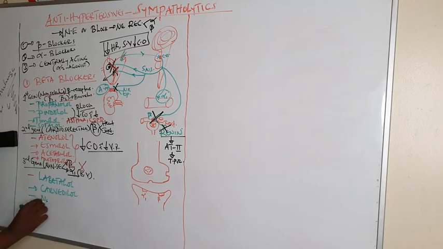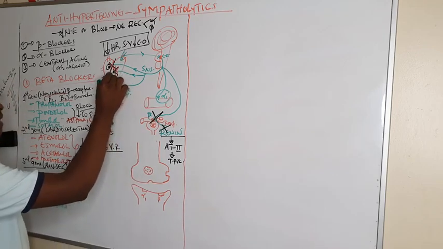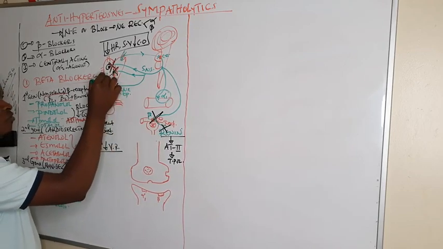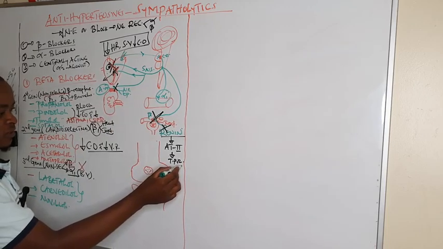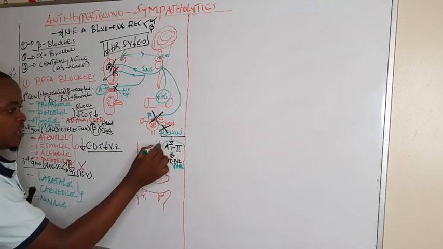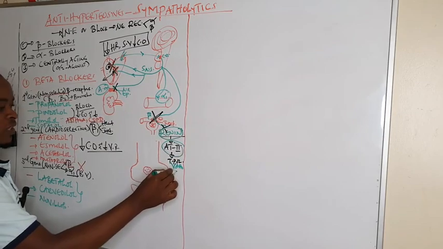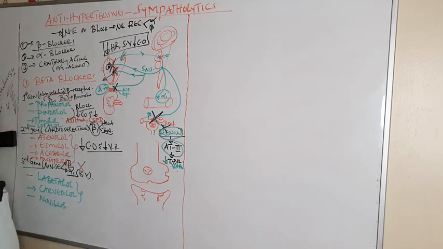Even we can add nebivolol. So these ones have activity. They can block the beta receptors in the heart and in the kidney, stopping contractility and also decreasing vascular resistance by causing vasodilation. Because if there is no angiotensin II due to the action of renin, there is vasodilation which decreases total peripheral resistance. So this one does both.